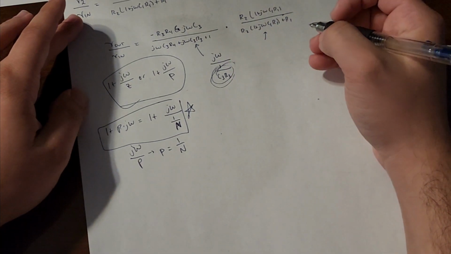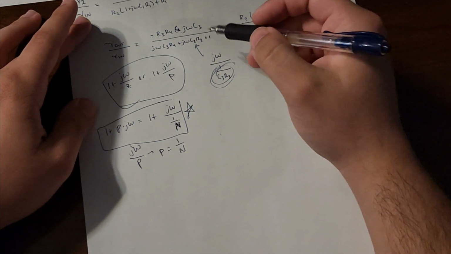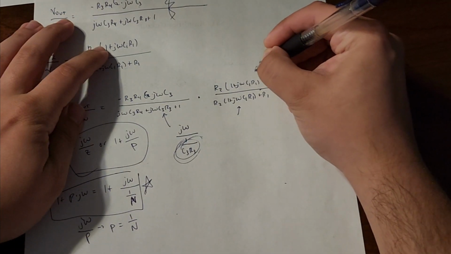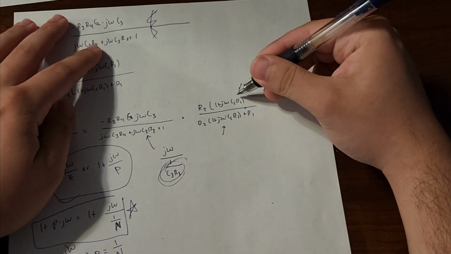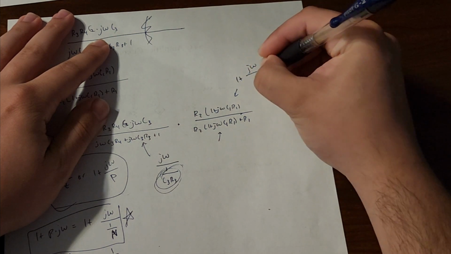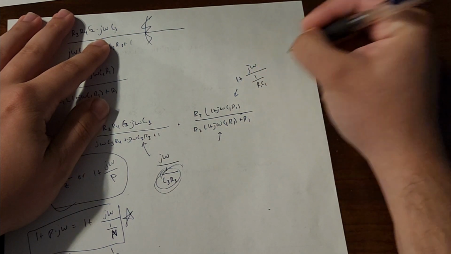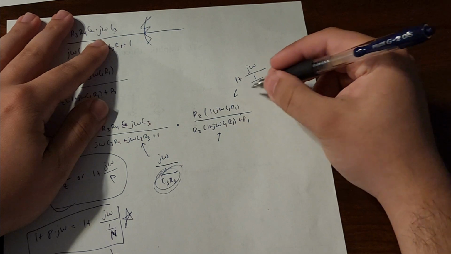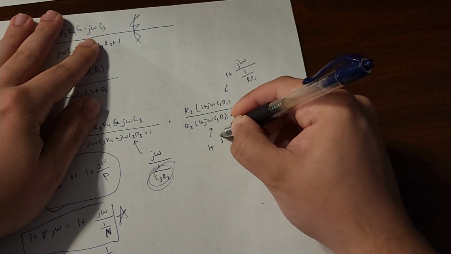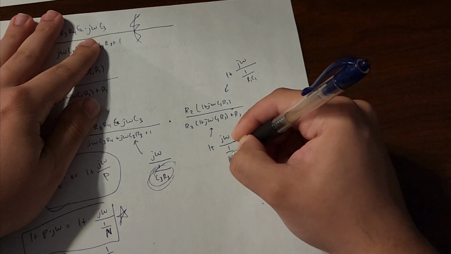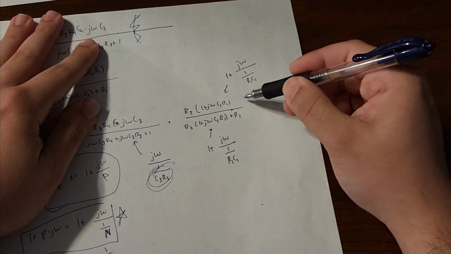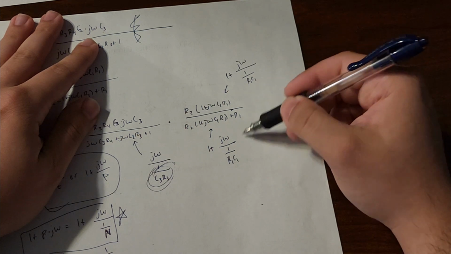All right. So this makes it very easy for us to solve this. Same thing here. Well, what is this? 1 plus j omega C1 R1. Very easy again. 1 plus j omega over 1 over R1 C1. That's a zero. What about this here? 1 plus j omega over 1 over R1 C1. Same thing. Now you notice these two are the same. What does that tell us?